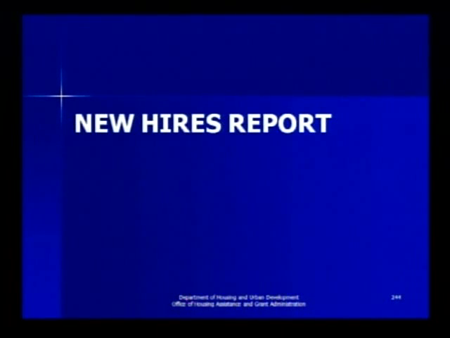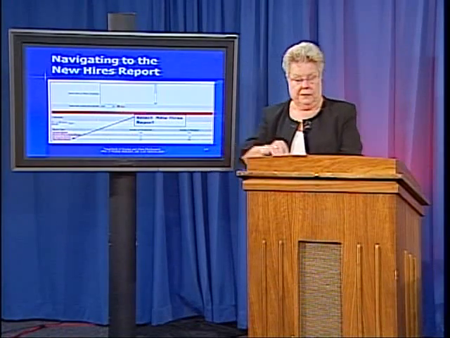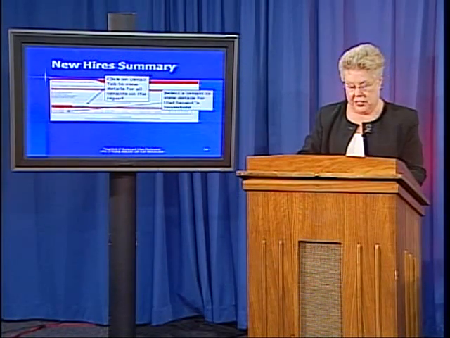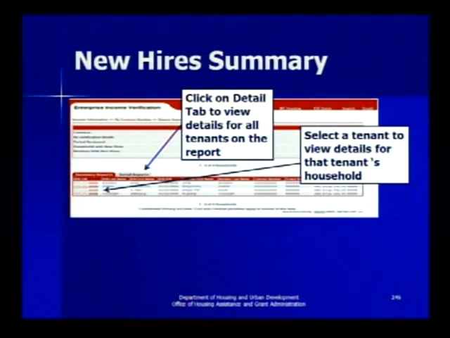For the new hires report, again, you go back to your screen that lists all the reports, and then you click on the new hires report over here. In this particular contract that we queried, it said there were 337 households where new employment was shown in EIV.